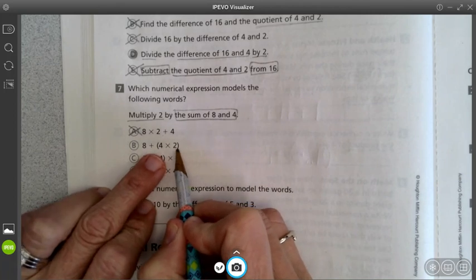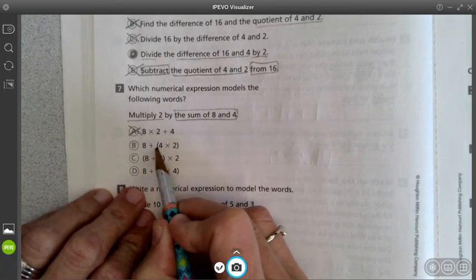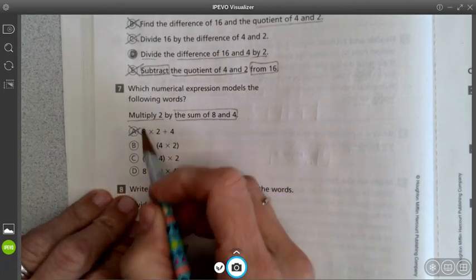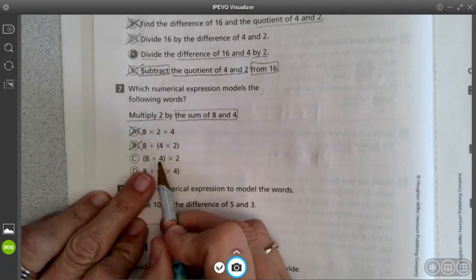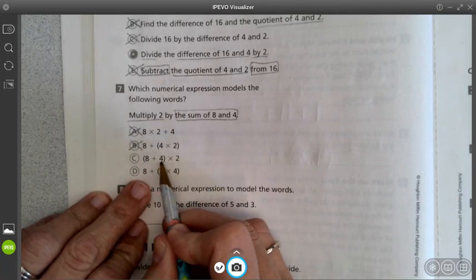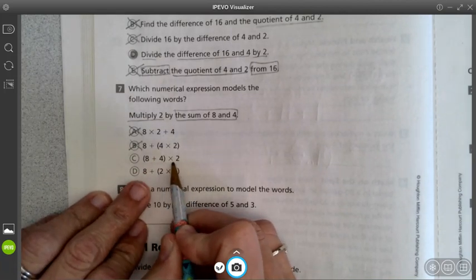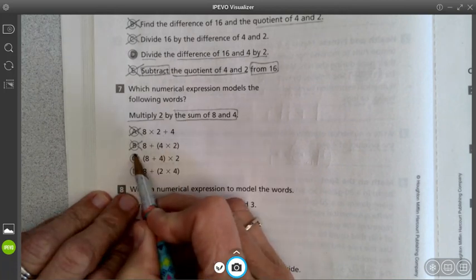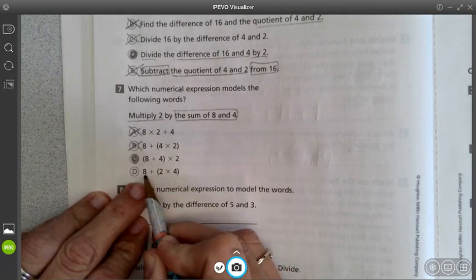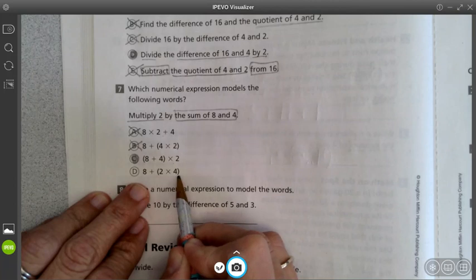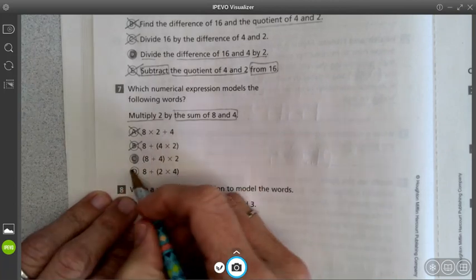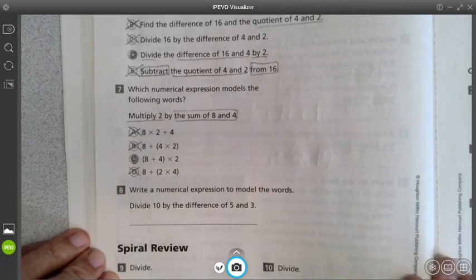Here, in my parentheses, I'm finding a product and then adding 8, so that's not going to work. Here, I'm finding the sum of 8 and 4 and then multiplying by 2. That's a good one. Let's make sure. Here, I'm finding the product of 2 and 4 and then adding 8. So C would be the best choice there.